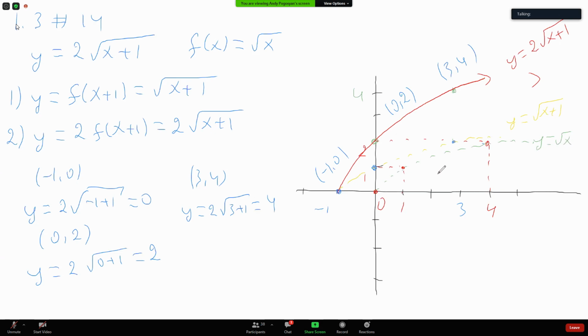Correct. The negative 1 and 0 stayed the same, correct? Yes, it's the same because 2 times 0 is 0. 2 times 1 is 2. And 2 times 2 is 4. Now let's do 15.